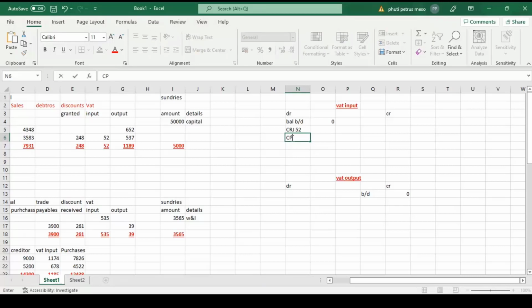That input under the CPJ, this is how you abbreviate it, is 52 rands. And then here you're going to have 535. Take 535, and let's look at if we've got another input.